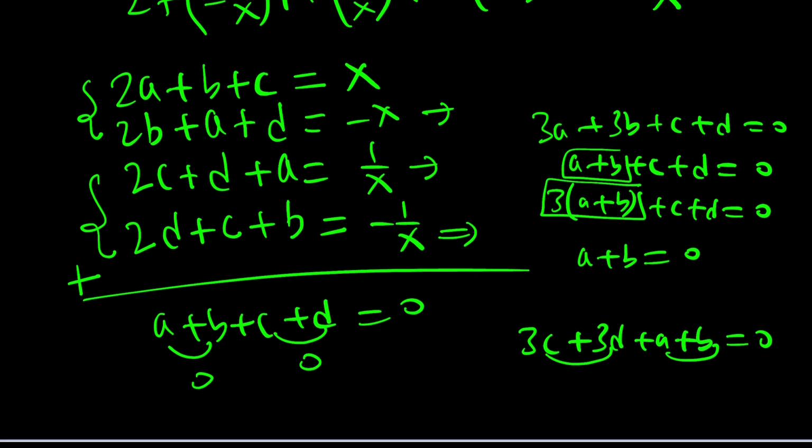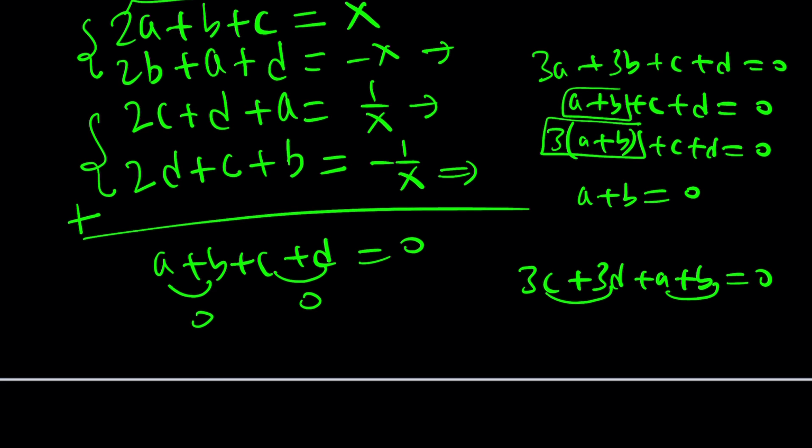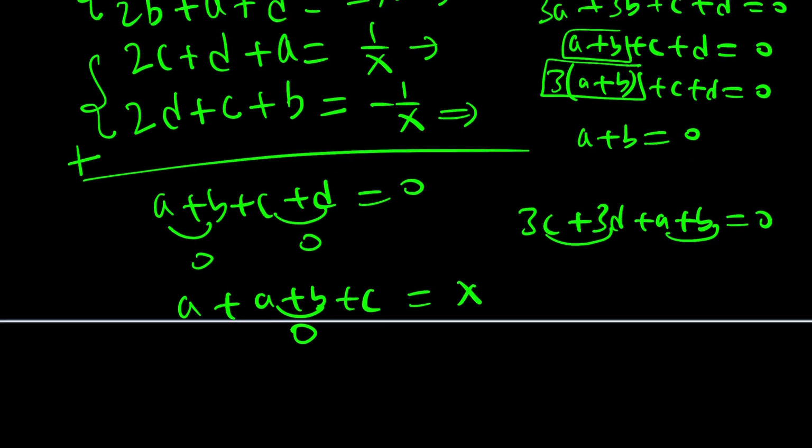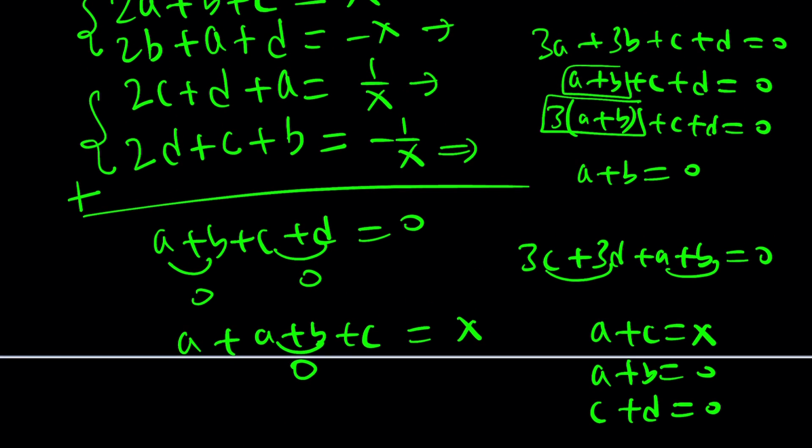We know that a plus b is 0, so maybe we can go ahead and use this first equation. Okay, a plus b plus c is equal to x. We know that this is 0, so from here we get a plus c equals x. Great. And then we know that a plus b is 0 and c plus d is 0. So I just need one more equation. Maybe I can get it from one of these. Let's see.